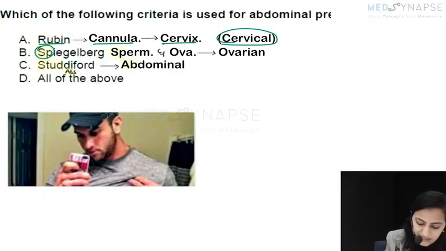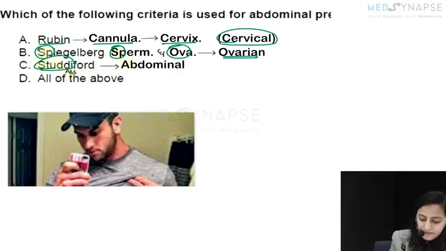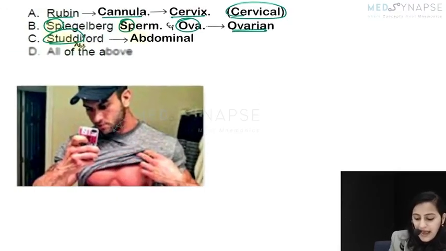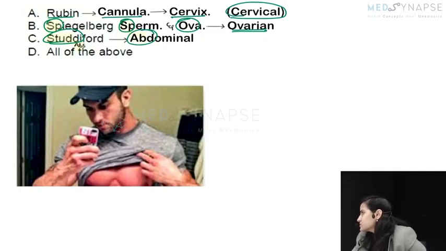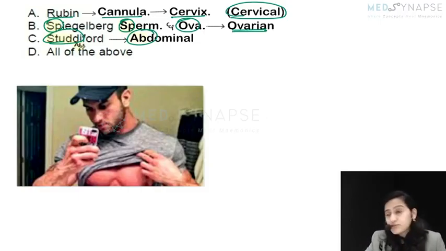Spiegelberg is the sperm and the ova, so ovarian. Studdiford is abdominal: a stud having the abs, abdominal.